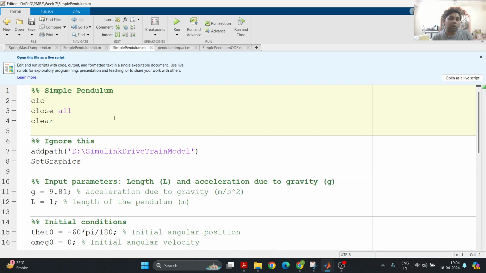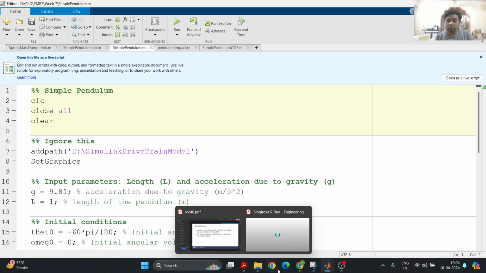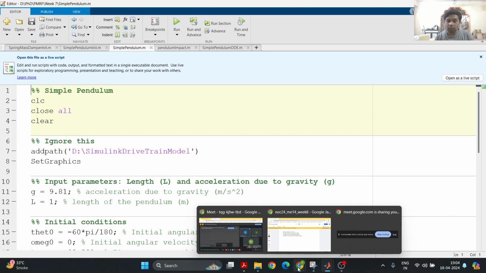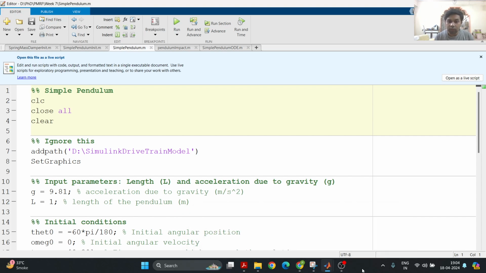My aim is that one can reach these files, generate the output, and also try out and clear their concepts by utilizing it and playing with it. So yesterday I had demonstrated that we can also solve the same simple pendulum problem using just simple MATLAB code also.